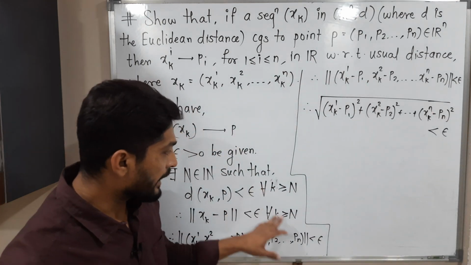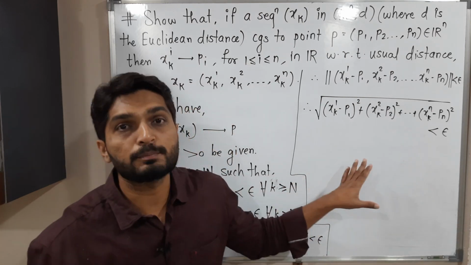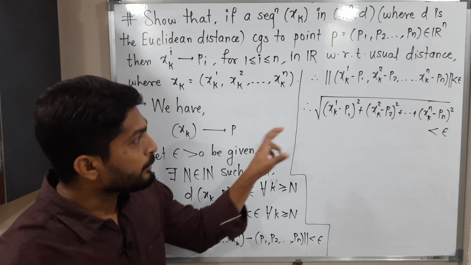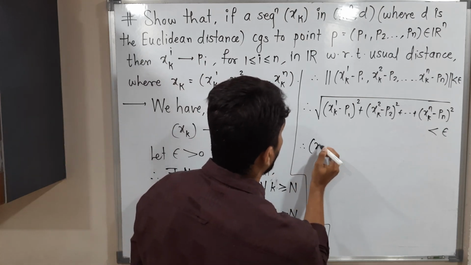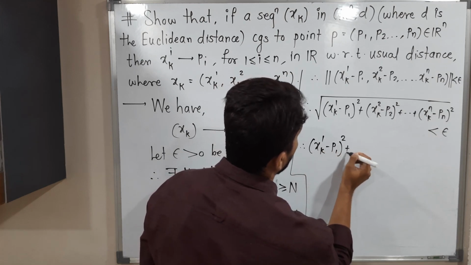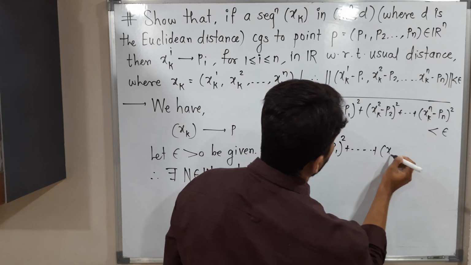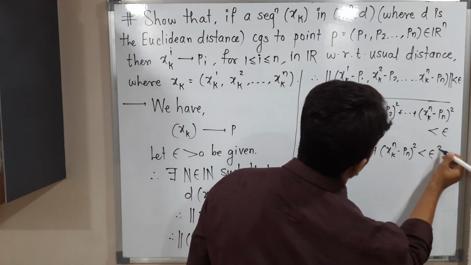I should carry this condition everywhere; at the end I will write it again since we don't have much space here. To remove the square root, I will take the square of both sides. So xk1 minus p1 square plus and so on, xkn minus pn square, less than epsilon square.